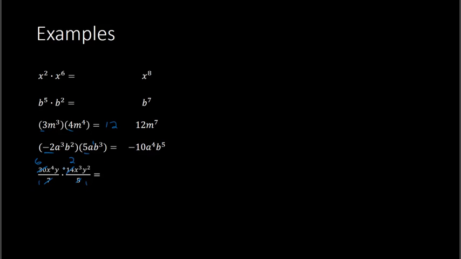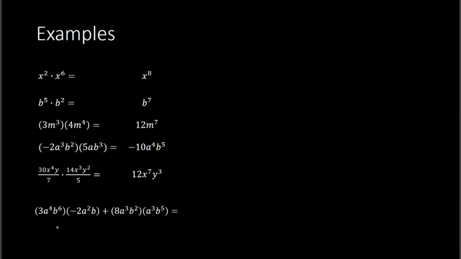So on the top, I have 6 times 2, which would give me 12. And then we have 4 x's times 3 more x's, which gives me 7 x's, so I add the exponents. And then for the y's, we have 1 y here times 2 y's here. That gives me 3 y's. So this expression can be simplified as 12x to the 7th times y to the 3rd power.